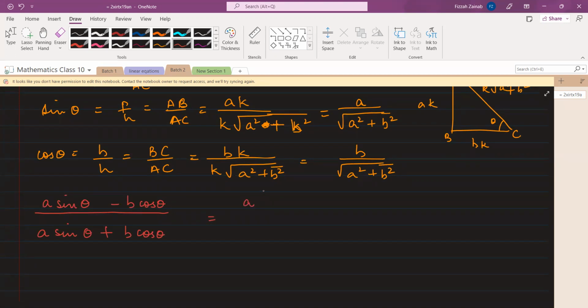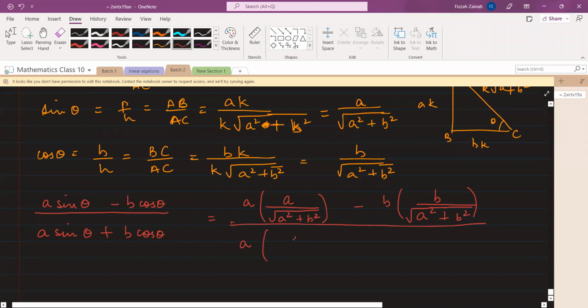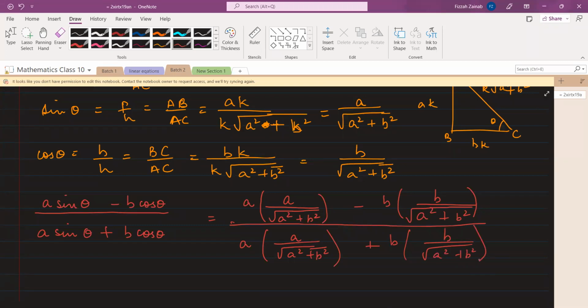So this is A into sine theta, which is A upon square root of A square plus B square, minus B into cos theta, B upon square root of A square plus B square, divided by again this A into this thing, this time plus B into B upon square root of A square plus B square, right?